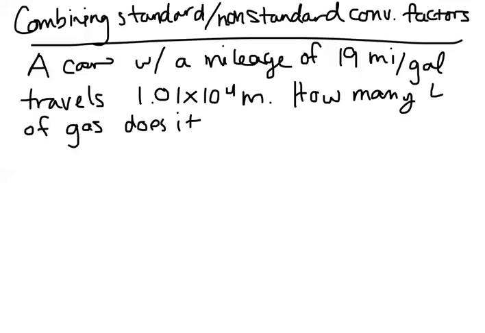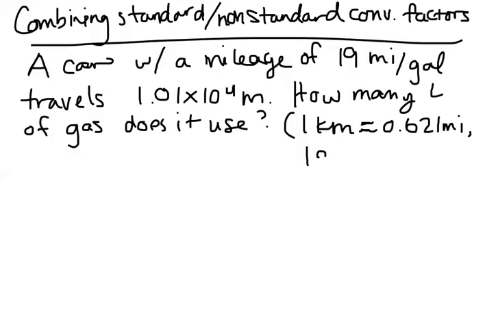And I will give you a couple of standard conversion factors. 1 kilometer equals about 0.621 miles. And 1 gallon is approximately 3.785 liters.